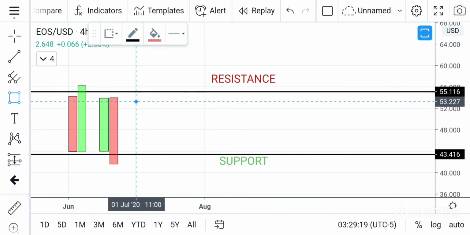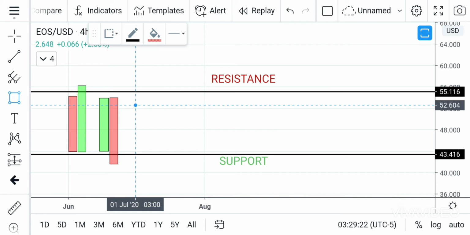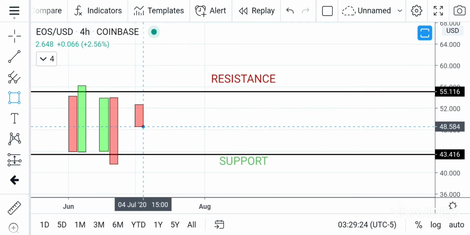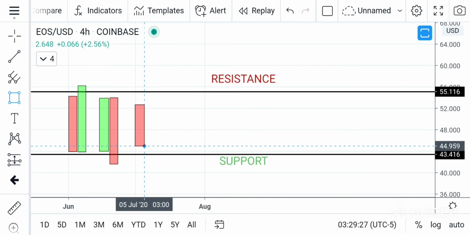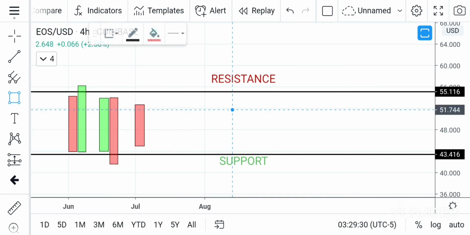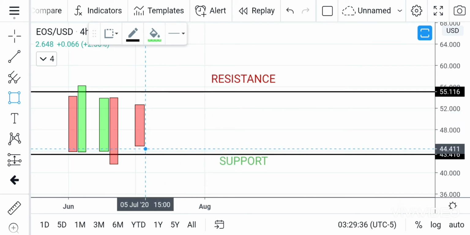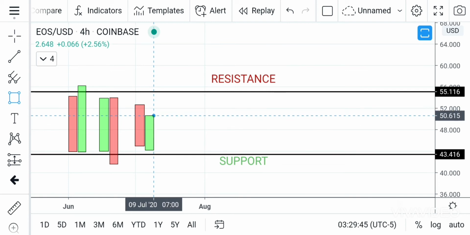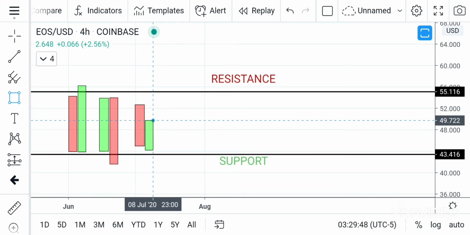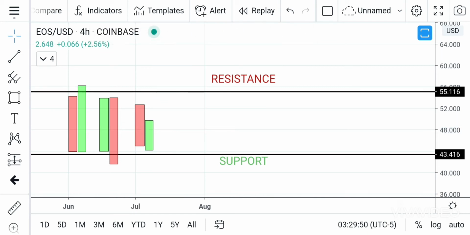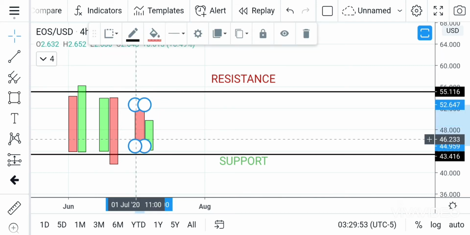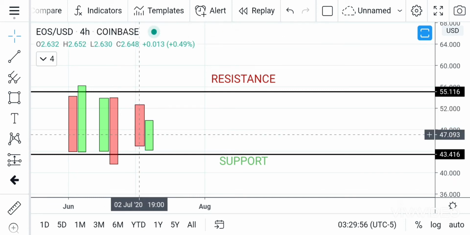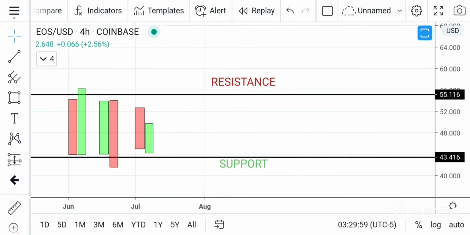What you have is sellers pushing the price lower, let's say up to this point, and then buyers come in and start pushing the price higher, but it did not cover the first candle. It just went about 50% of the body of the first candle.